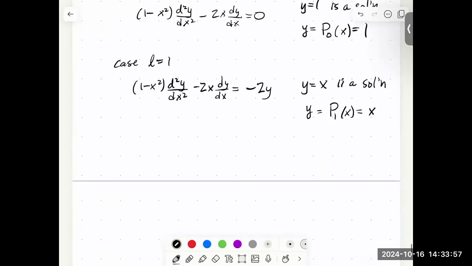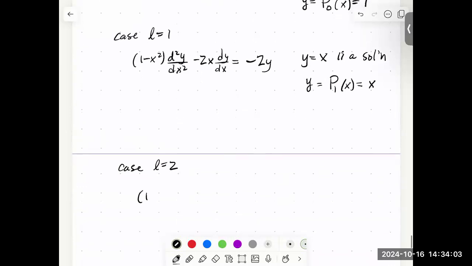I'm going to do one more just to show you that it works. All right, so we get (1 minus x squared) d2y/dx2 minus 2x dy/dx is equal to minus L times L plus 1, and L is 2, so it's 2 times 3 is 6y.